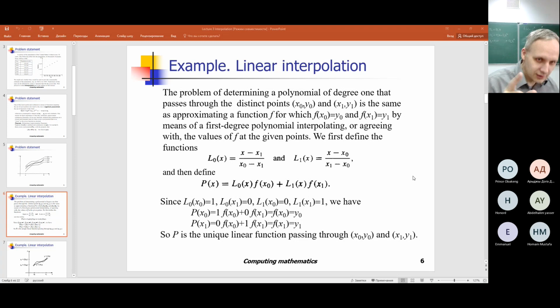Before we consider this problem, my question is, suppose that we have three different points. Are there any polynomial of the first degree that can pass through three different points?